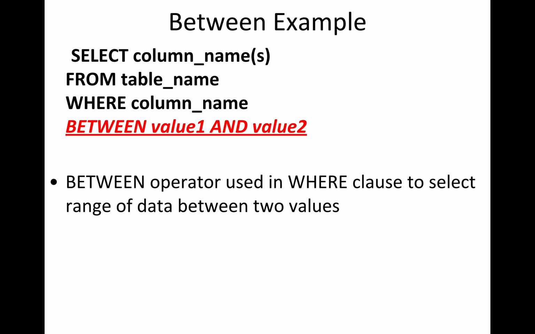Between allows you to retrieve records for fields that are in a particular range, right? These could be ranges of dates, ranges of strings, or ranges between any two particular values.